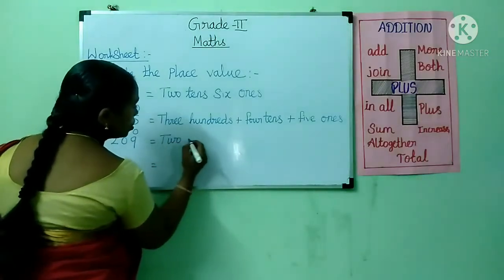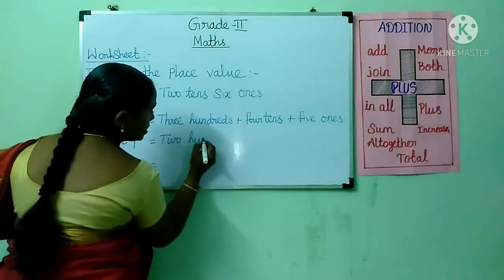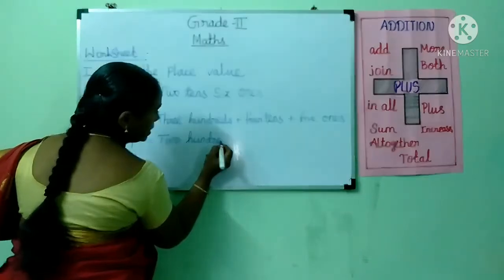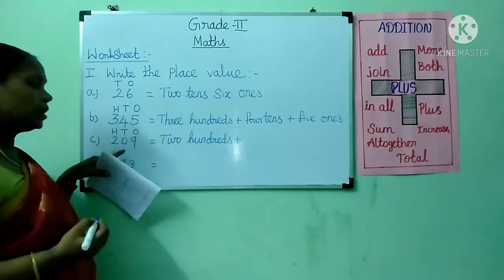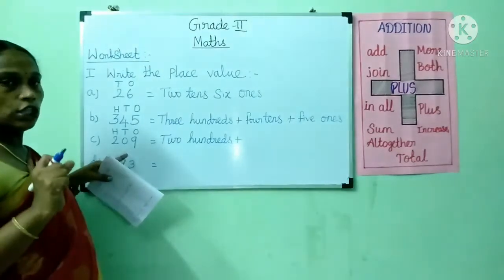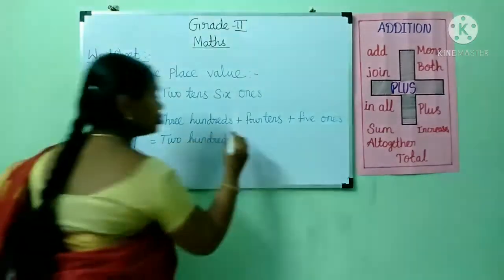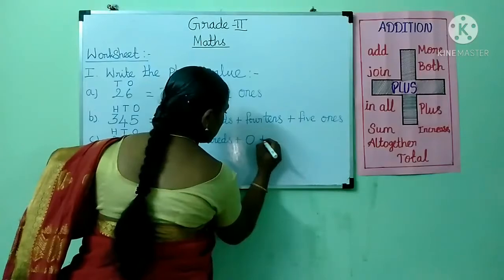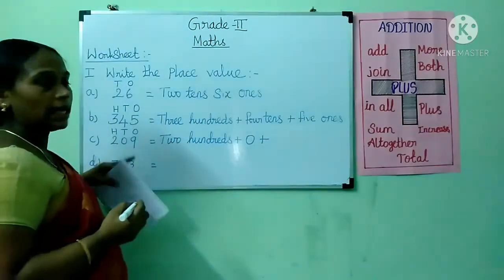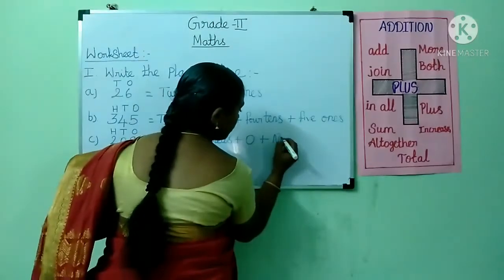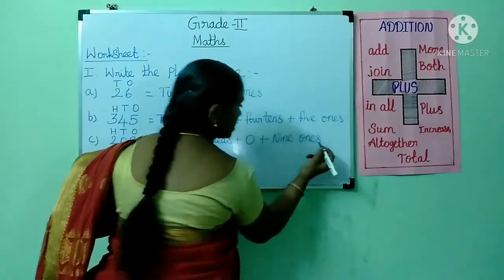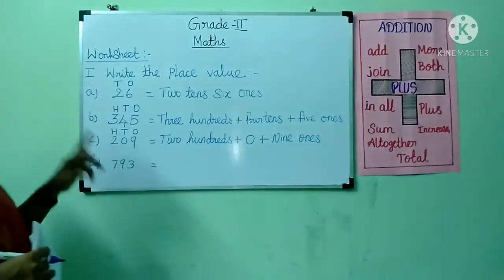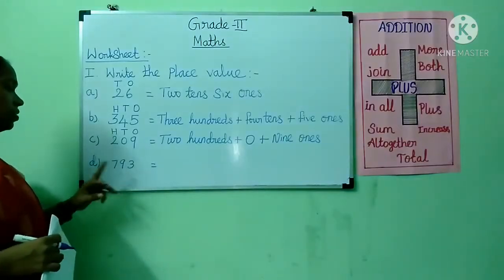TWO, 2 hundreds. 2 hundreds plus how many tens here? So 0. 0 means nothing, so you should put this 0. Next, how many ones here? 9 ones. NINE, 9 ones.